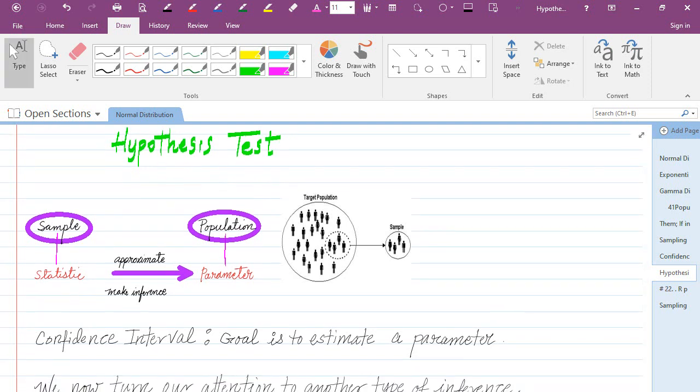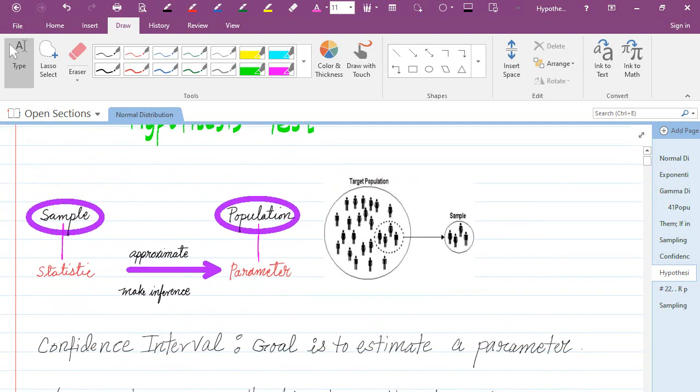So let's say that we have a target population, and we are looking at a certain parameter about that population. The parameter could be the population mean, the mean of a variable. It could be a proportion or something else.